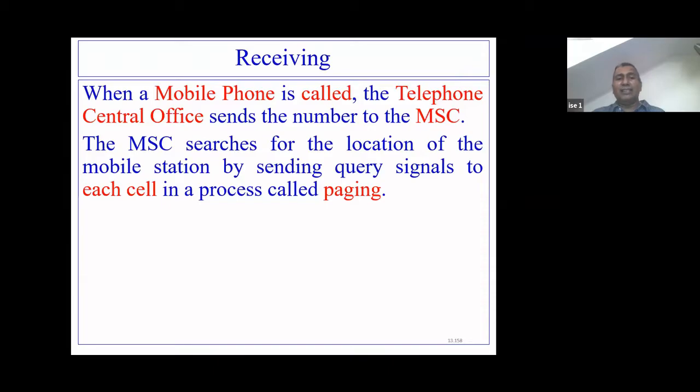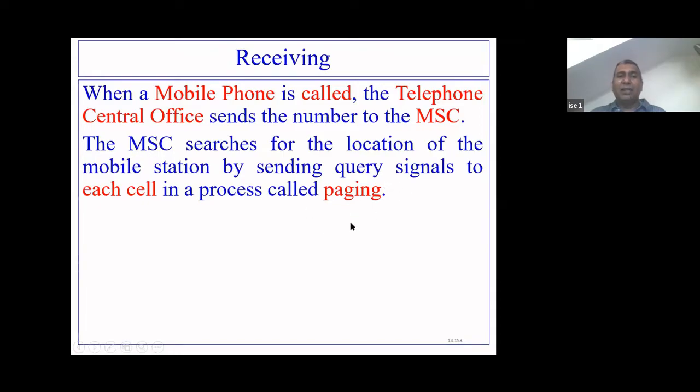How does it search? It sends query signals to each of the cells that are under the MSC. This particular method of sending query signals to all the cells by the MSC is called paging.